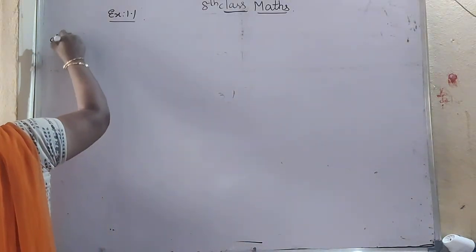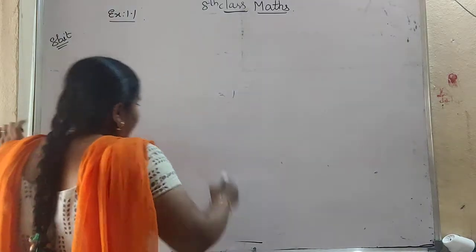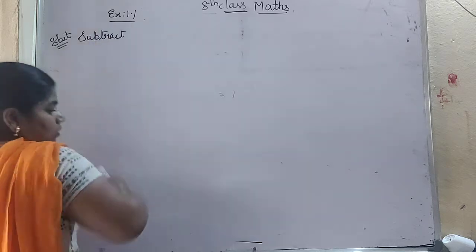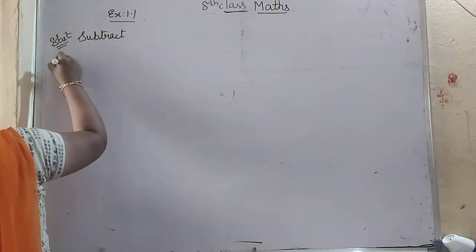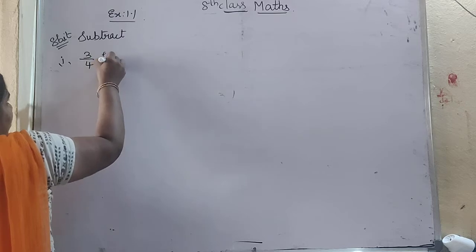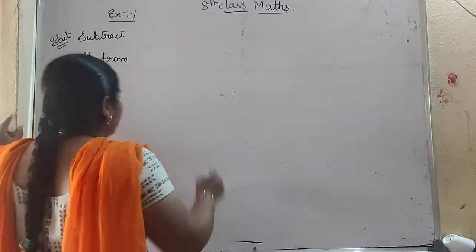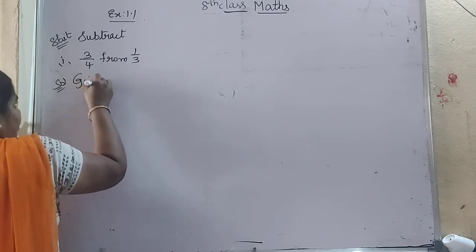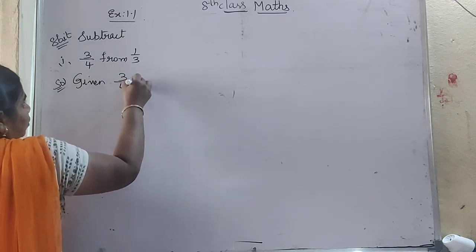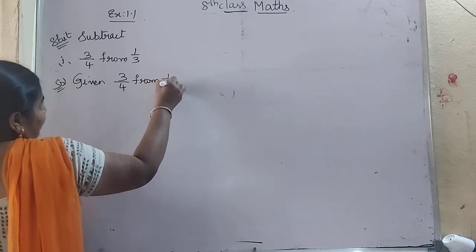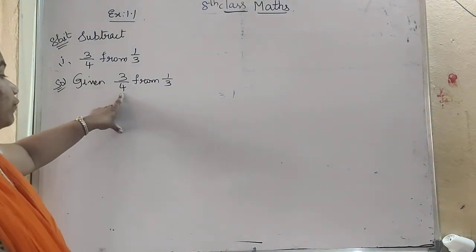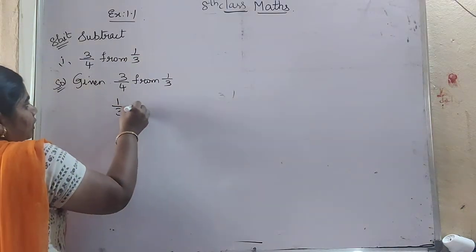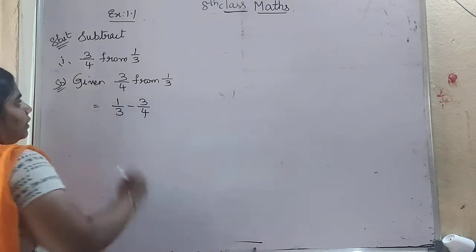So the first one is 3 by 4 from 1 by 3. From which term we have to subtract, we have to check first. Given 3 by 4 from 1 by 3, so this 3 by 4 we have to subtract from 1 by 3. So how will you write? 1 by 3 minus 3 by 4 you will write.